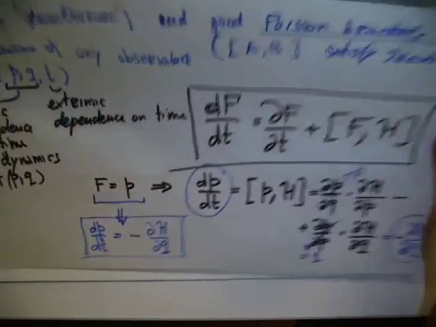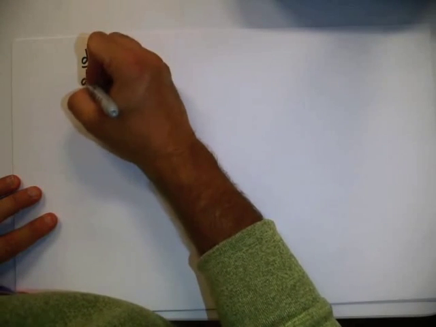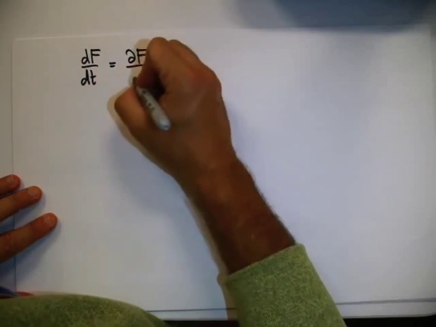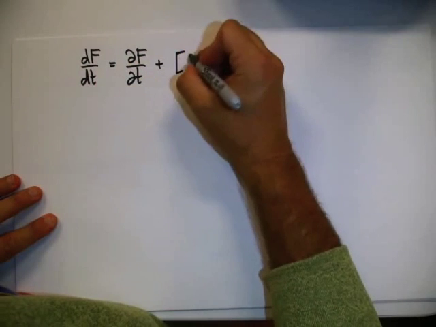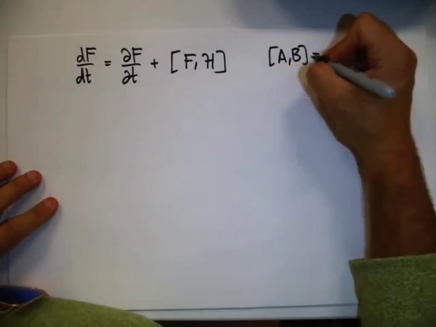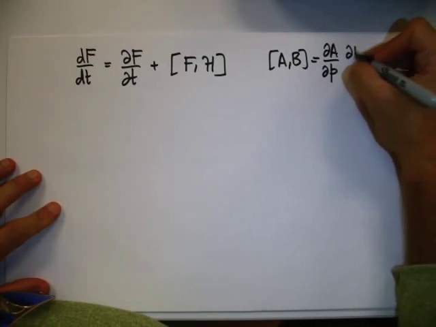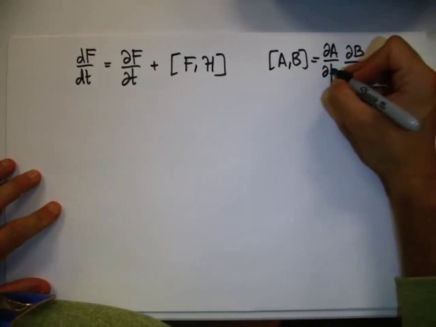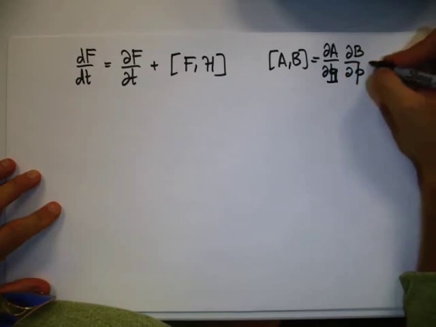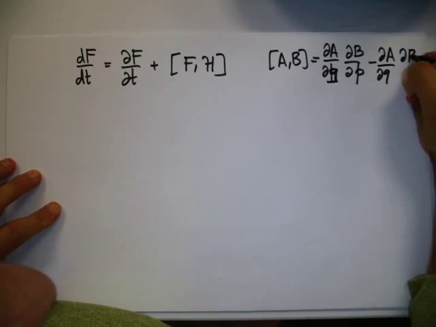And then we can do the same for Q. Let me redo it here. So we have df dt equal partial of f with respect to t plus f bracket with H. The general definition of the bracket AB, of good brackets, is dA dQ dB dP minus dA dP dB dQ.